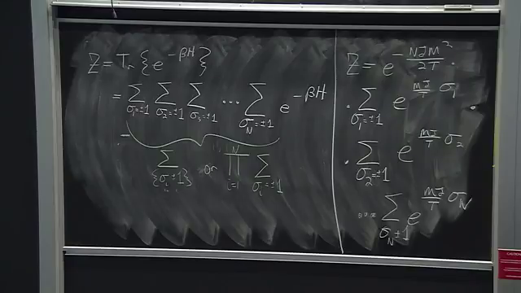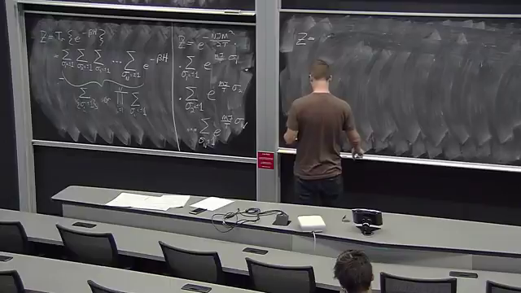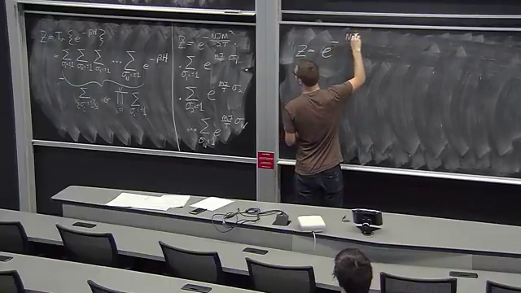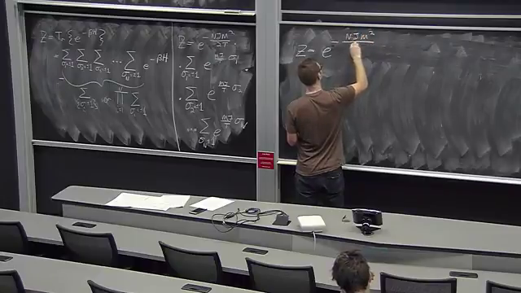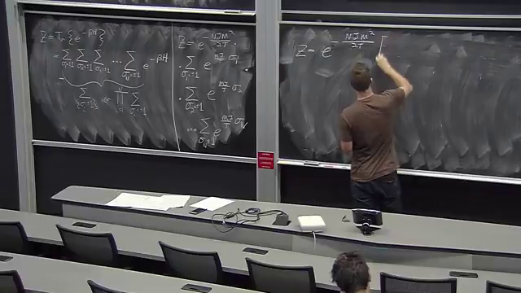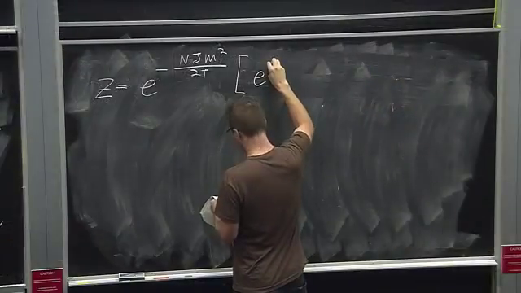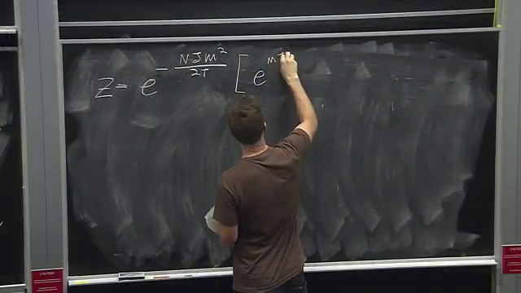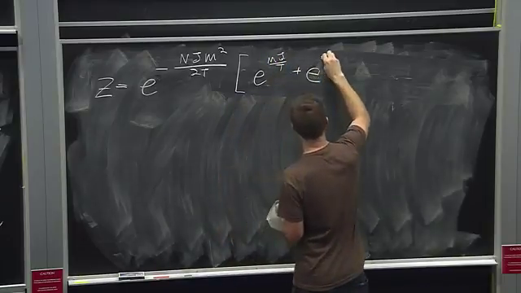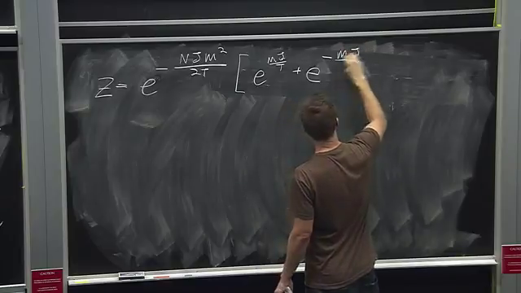So then your partition function, which is just the product of all these, e to the minus nj m squared over 2t. And let me write it like this. So the first element in the sum is plus, second sum is minus, e to the minus mj over t.